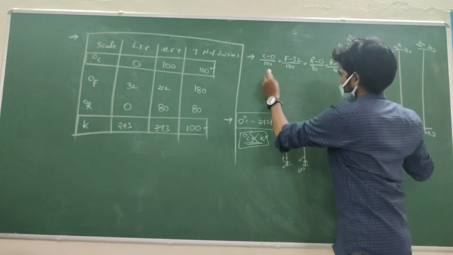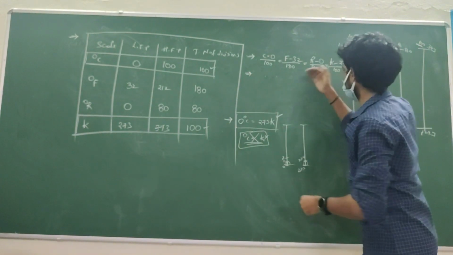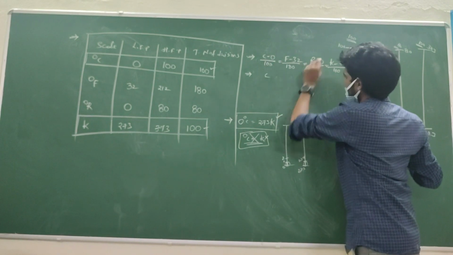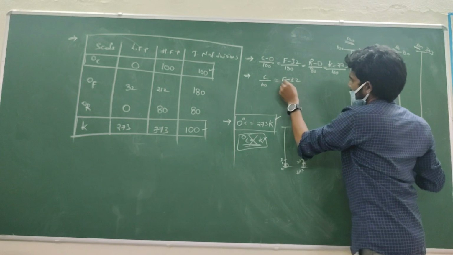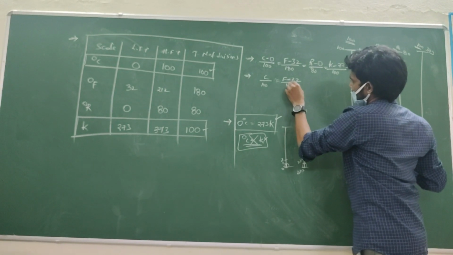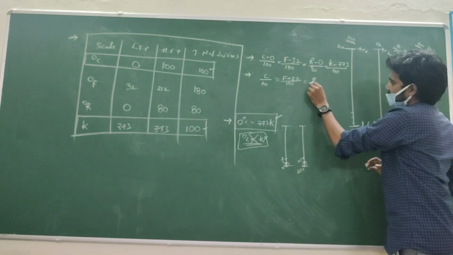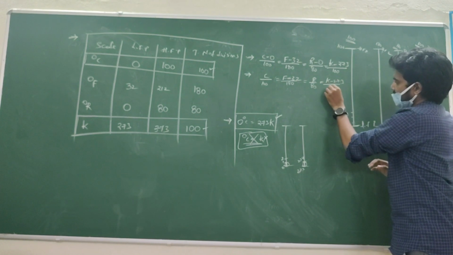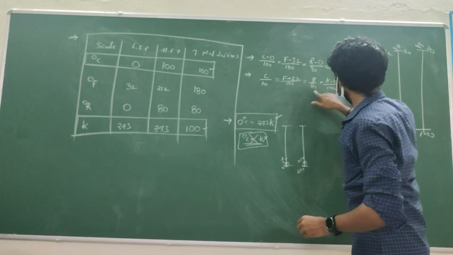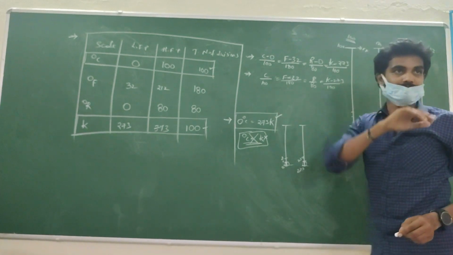Now just simplify this, simply remove zeros here. C by 100 equals F minus 32 by 180 equals R by 80 equals K minus 273 by 100. I think these denominator values might get cancelled in the 20 table.